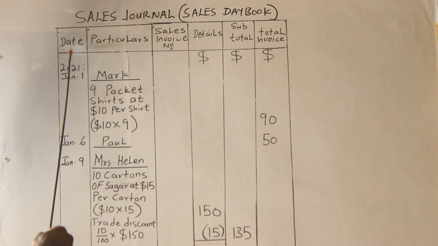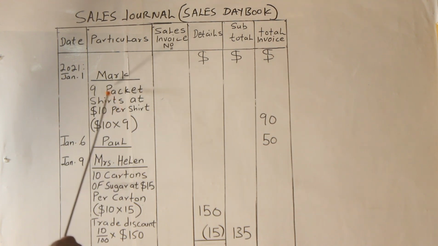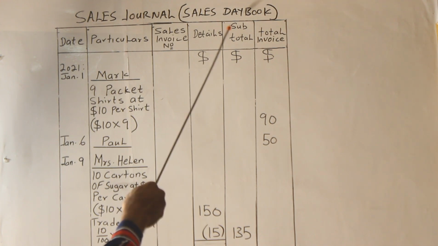We have the date for the date of the transactions. We have the particulars for the name of the people we are selling the goods to, and the summary or the analysis of goods sold to them. Then we have the detail column, where details of the total amount made to the various customers are analyzed. Then we now have subtotal.